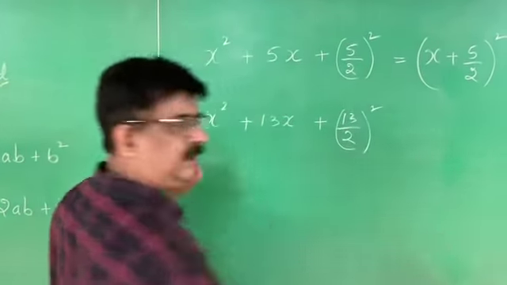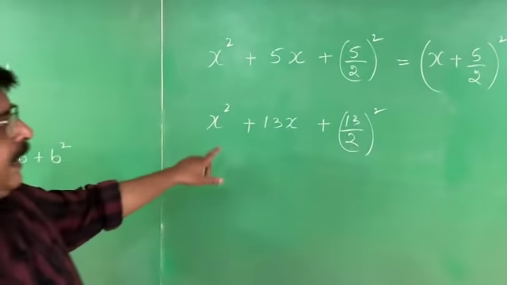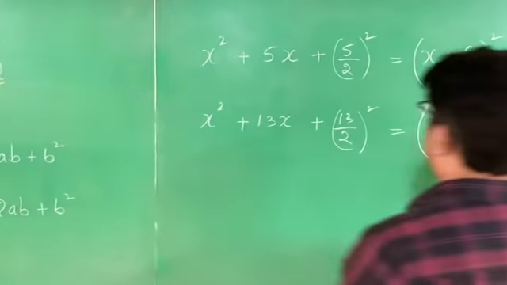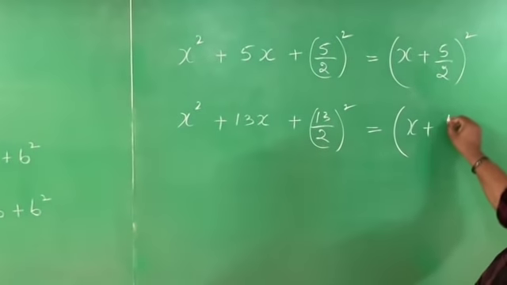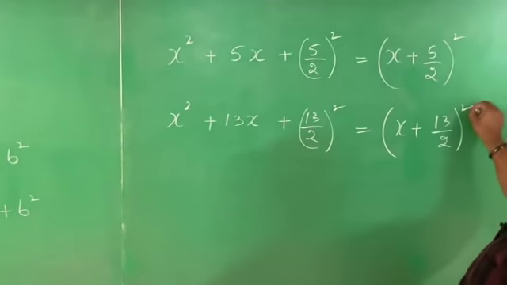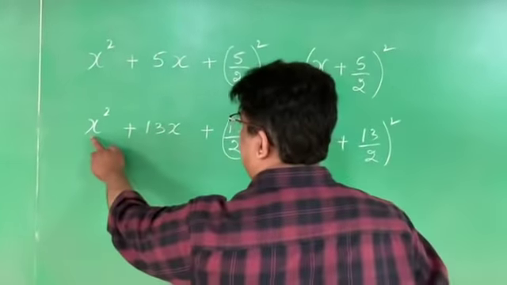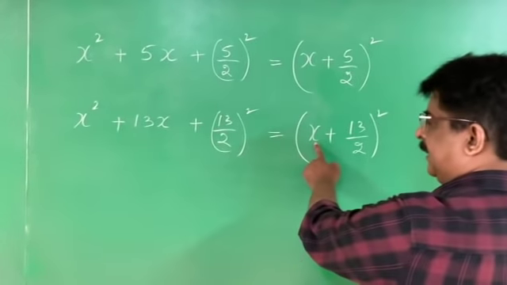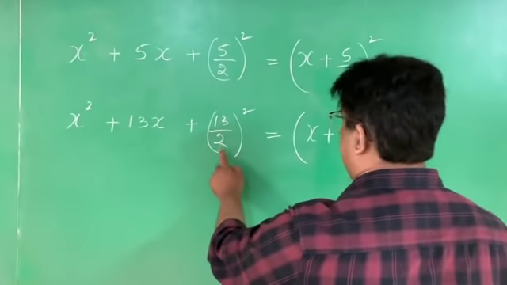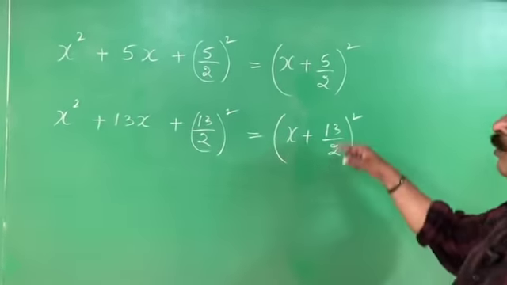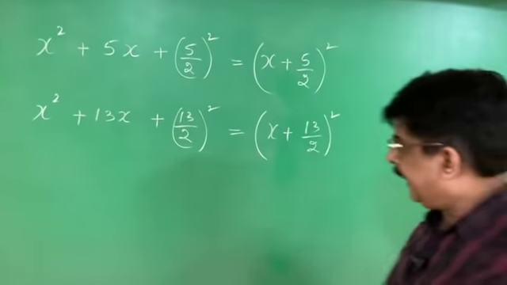You have to add 13 by 2 whole square to write this expression in the form of x plus 13 by 2 whole square. Because this is a square and this is b square. a square is x square means a is equal to x, and b square is 13 by 2 whole square, so b is equal to 13 by 2. Right? Again I write.